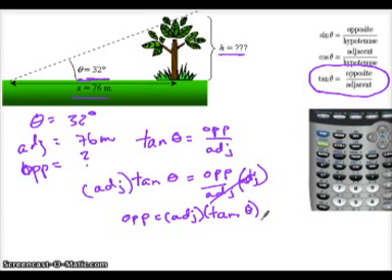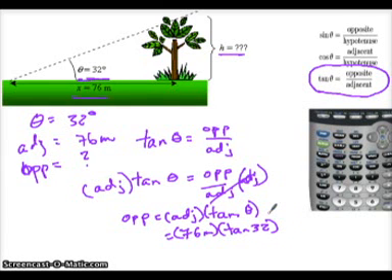Okay, so let's try this out. If the opposite is equal to the adjacent, then that is going to be my adjacent 76 meters times whatever the tangent of theta is, tangent of 32. So I'm going to put in my calculator 76 times tangent 32.